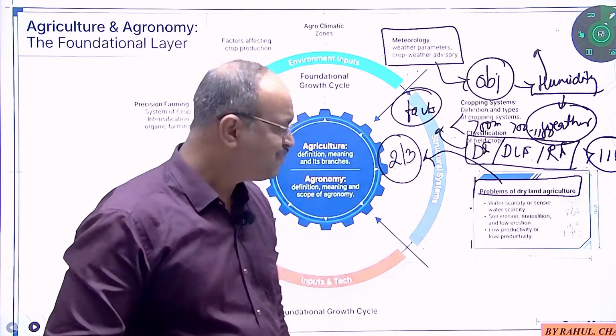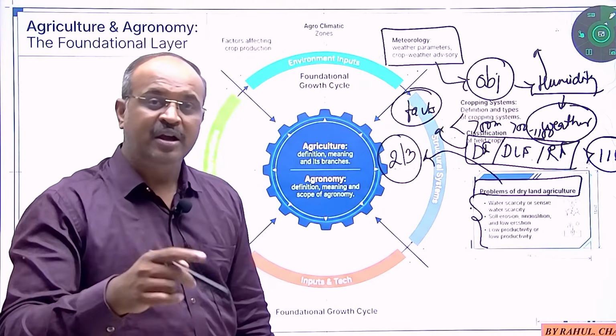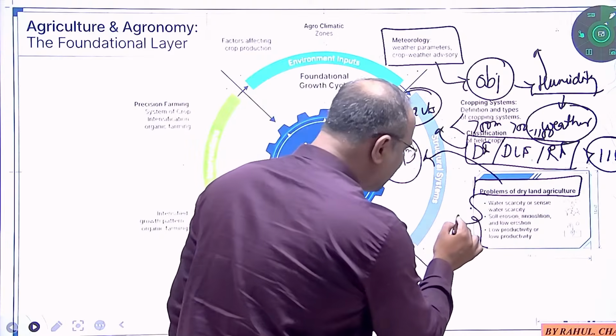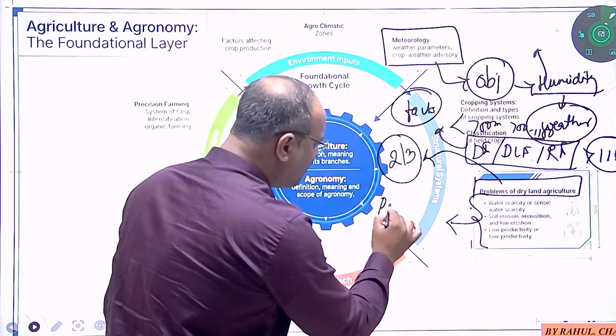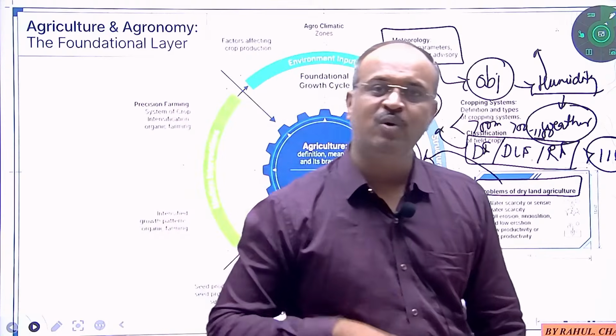But when it comes to the descriptive pattern, you can get questions specifically on dryland farming. So what are the problems? NABARD has already asked a question on the problems related to dryland. But it is not only the problems we need to understand.